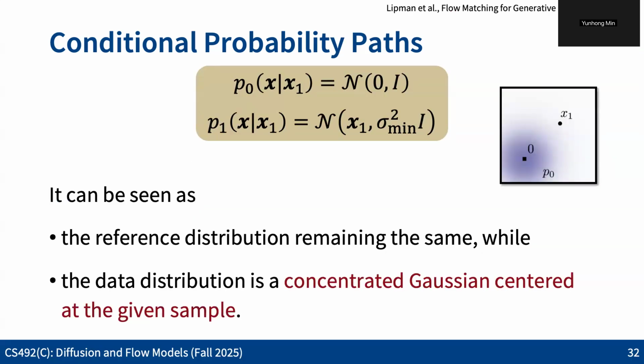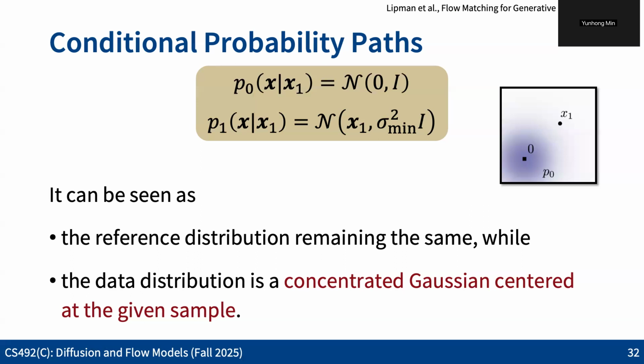As I said, you can see the conditional setup as the case where the reference distribution is exactly the same, while we see the data distribution as a concentrated Gaussian centered at a given point x1. The good thing about this conditional setup is that our data distribution becomes a Gaussian distribution again, for which we know the analytic form.